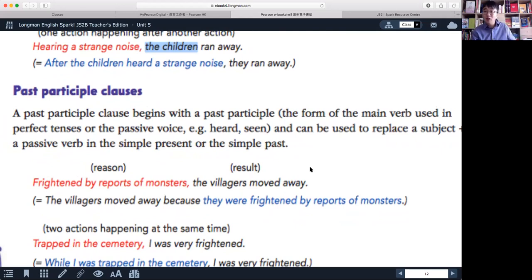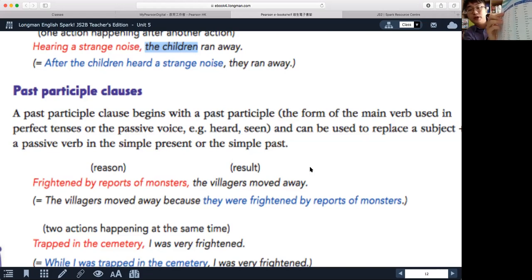Maybe, because if you have the book with you, do you still remember you have the irregular verb tables? Page A8, page A9. There are 3 columns for each verb.